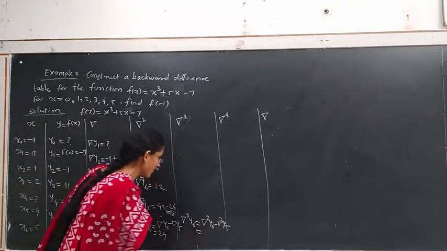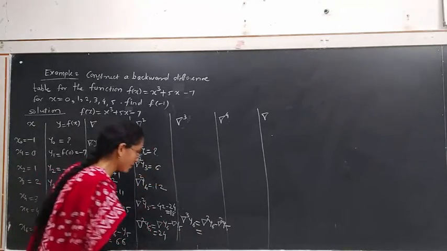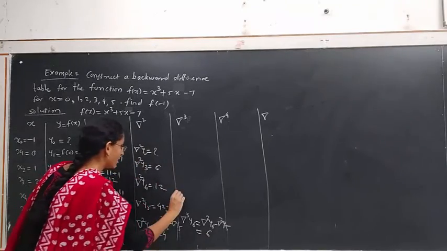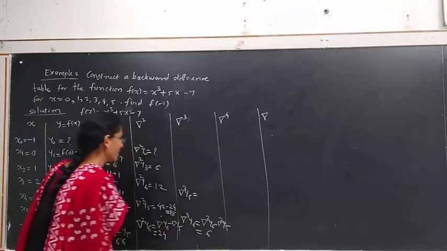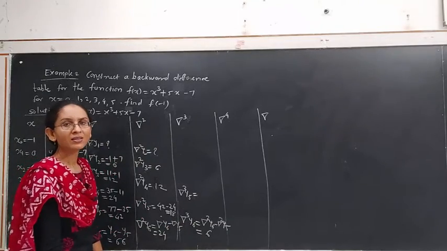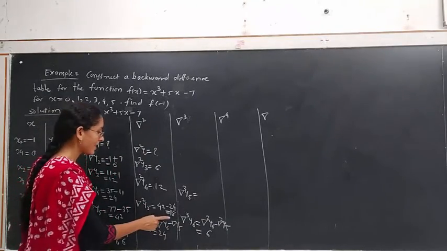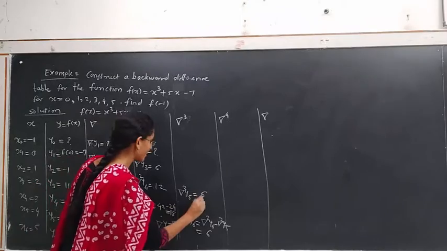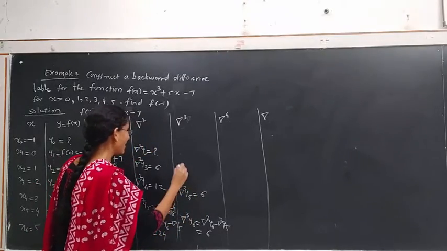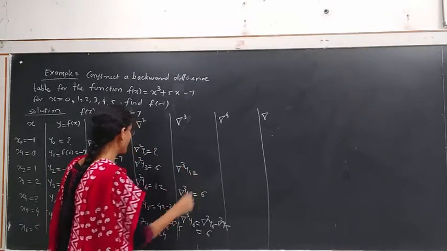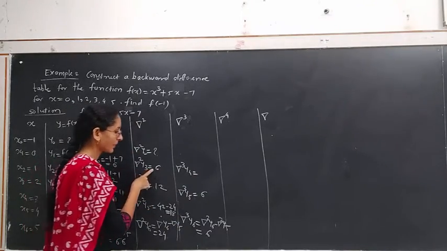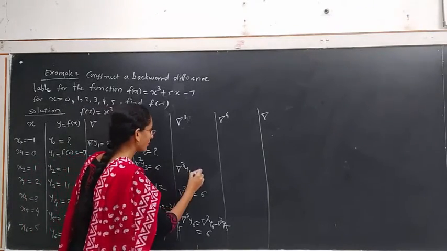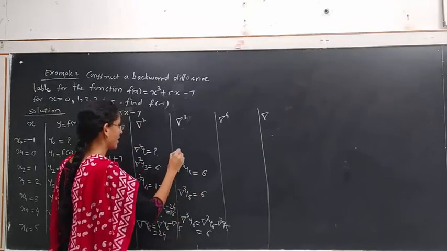Hence, this value is 6. Del cube y5 is del square y5 minus del square y4, which means 18 minus 12 is again 6. Del cube y4 is equal to del square y4 minus del square y3, that is 12 minus 6, which is 6.